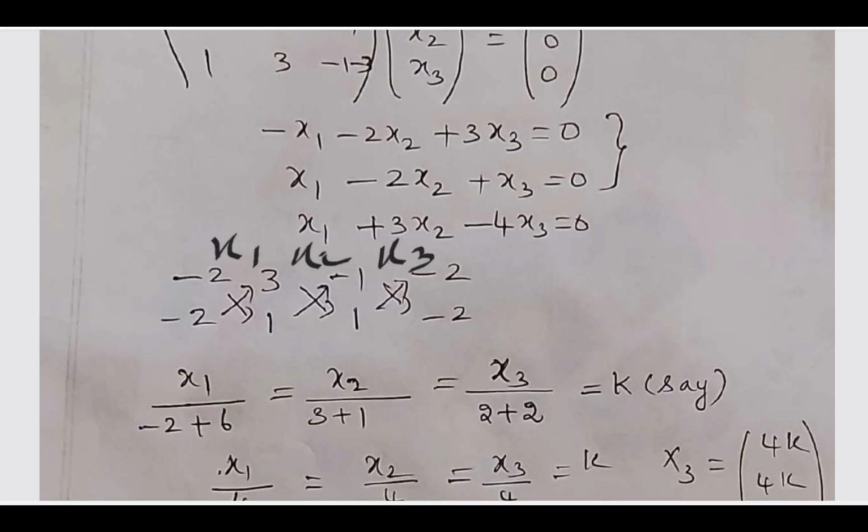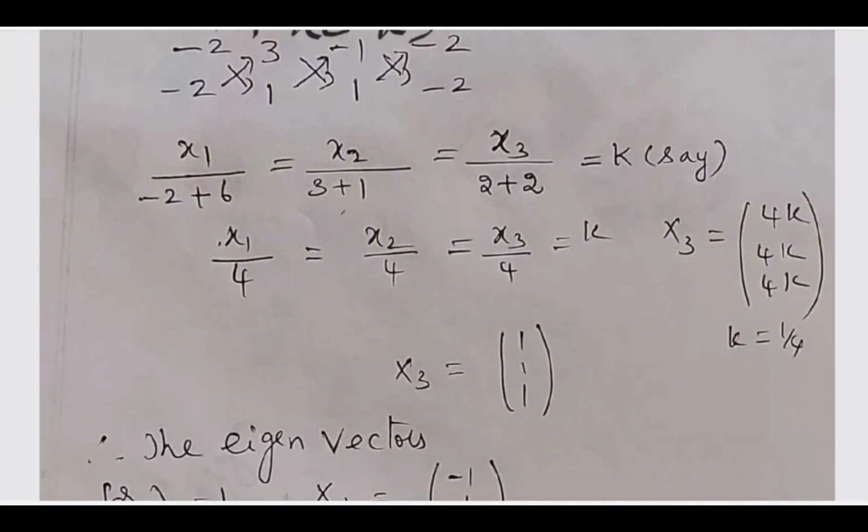So it is x1 divided by minus 2, minus of minus plus 6, x2 divided by 3 plus 1, and x3 divided by 2 plus 2, which gives you k, equal to an arbitrary constant c. So it is x1 by 4 equal to x2 by 4 equal to x3 by 4, which is equal to k.